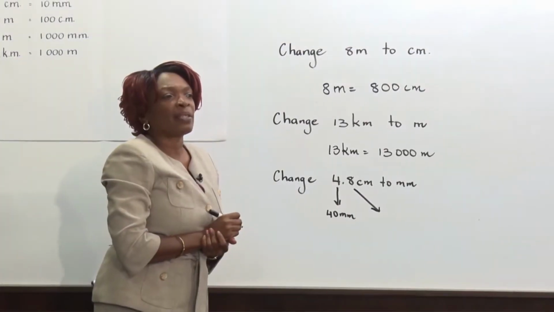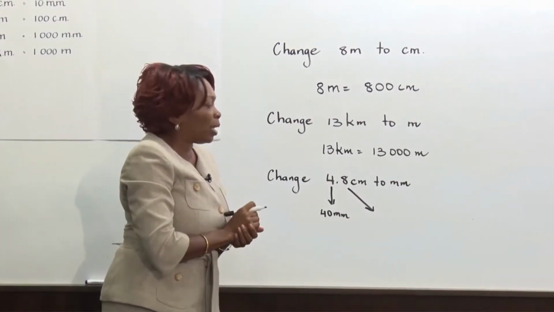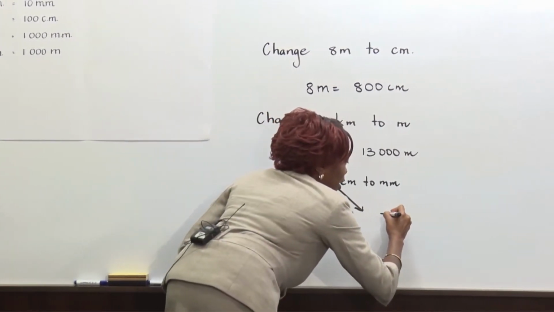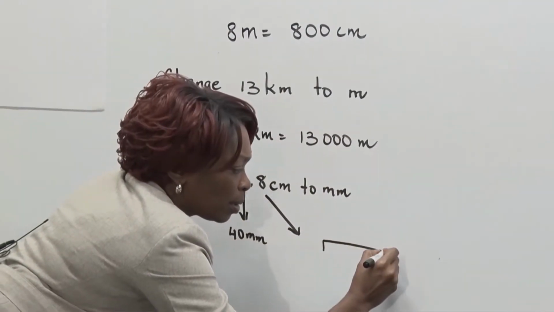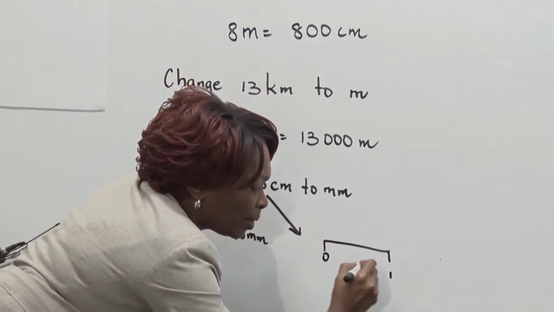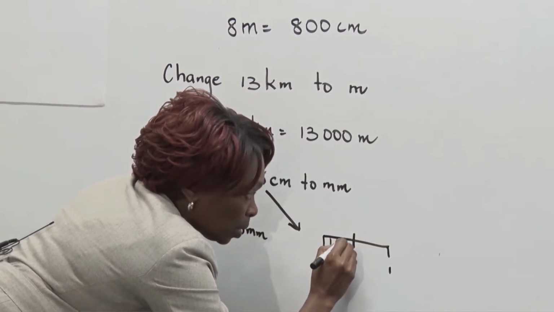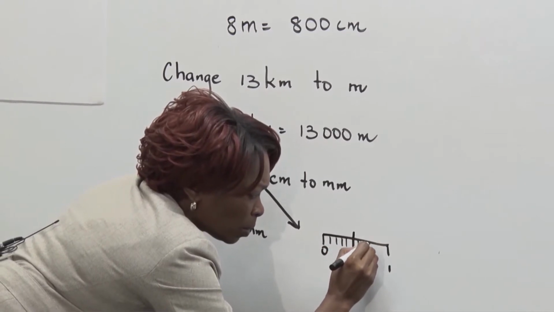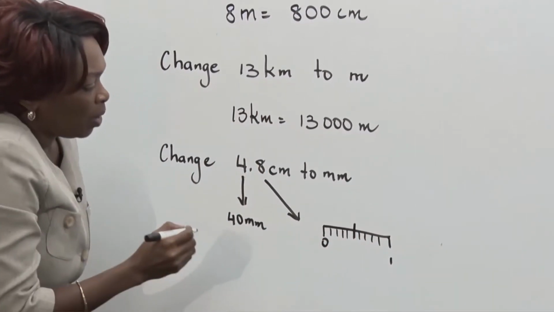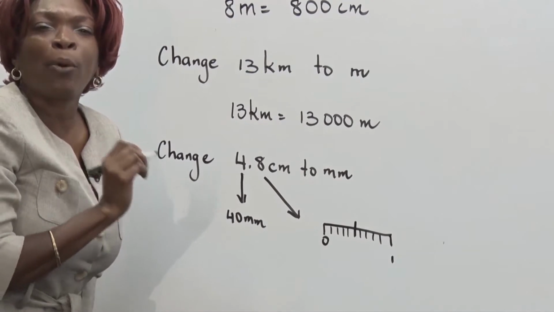This 0.8, you can see it on a ruler. I'm going to draw it out for you to see now. Between 0 and 1, so I'm going to identify 0.8 for you now.